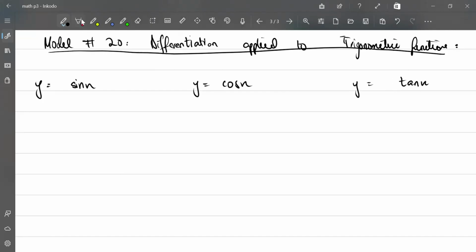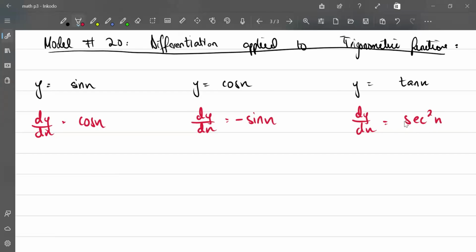So how are we going to differentiate them? You have to remember that when you differentiate sin x, you get cos x. When you differentiate cos x, you get negative sin x. And the differential of tan x is sec² x. This is what you should remember.